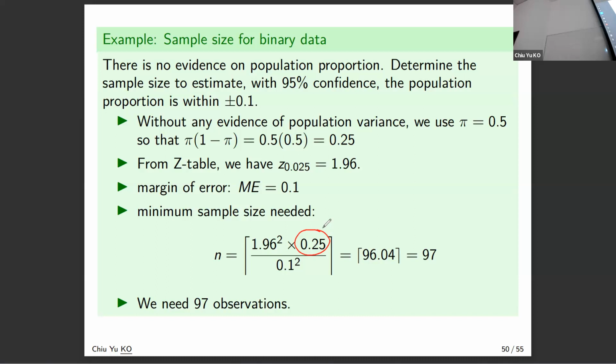right? And if I want to be precise at plus minus 0.01, I need around 10,000. And if I want plus minus 0.05, then it's more like 400.